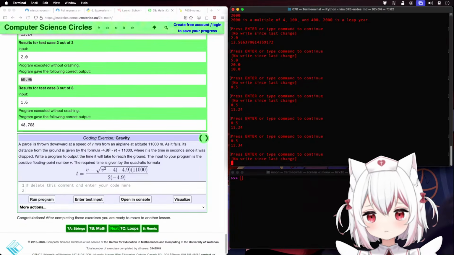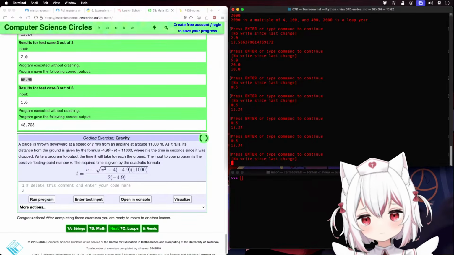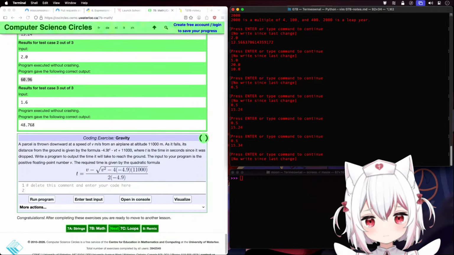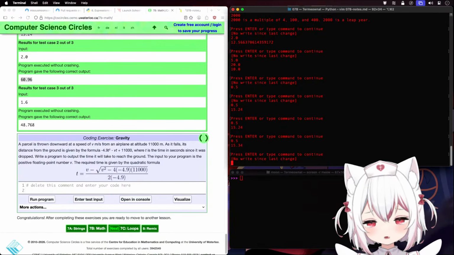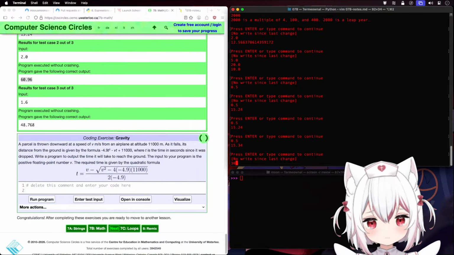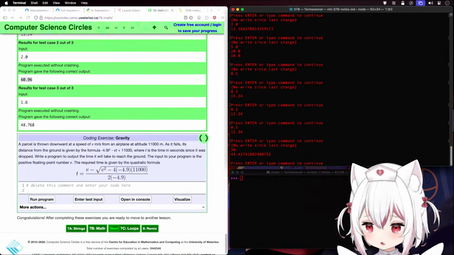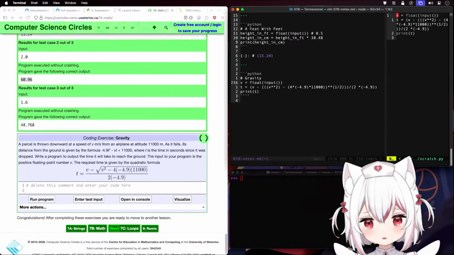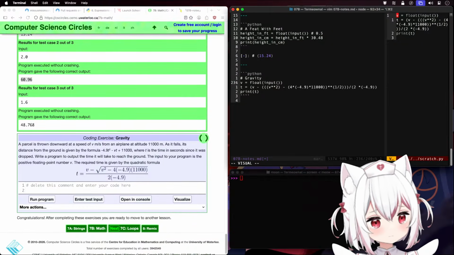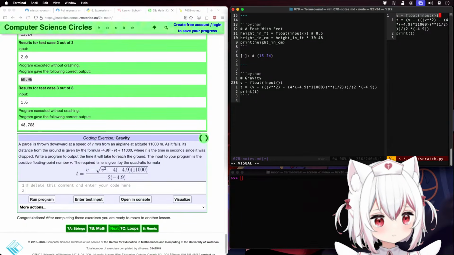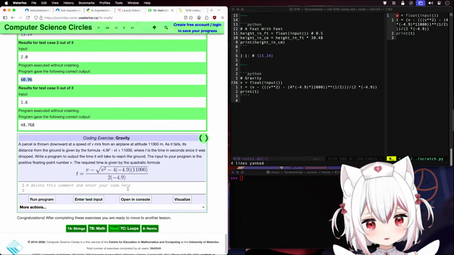Let's do like, I don't know, 30 meters per second. We get some number. Is it right? Is it wrong? The world doesn't know. But gotta find out. So let's just steal it.